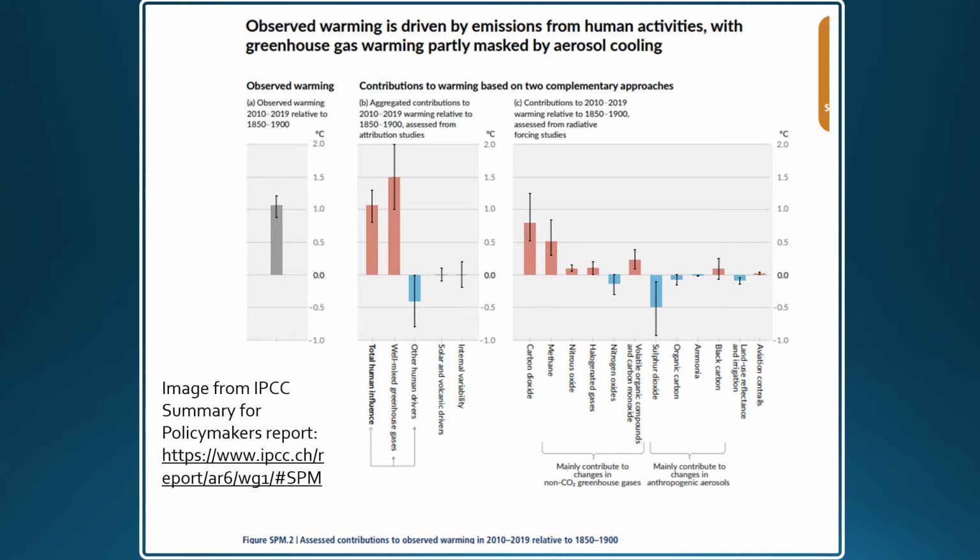The chart on the left is just saying this is the overall observed warming that we've seen, and it's adding up all of the different contributions in these climate computer models to show that we've seen a 1 degree temperature increase on the Celsius scale, and it's as a result of all these different factors that are included in those climate models.